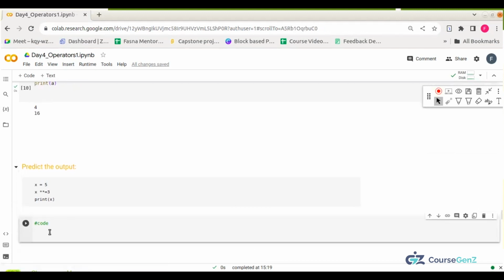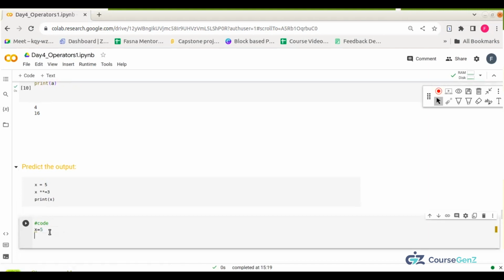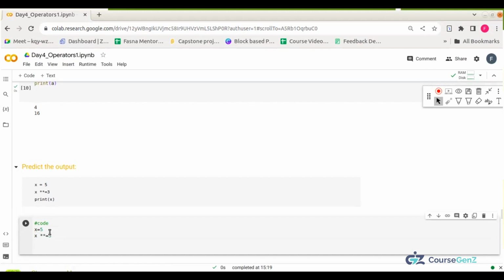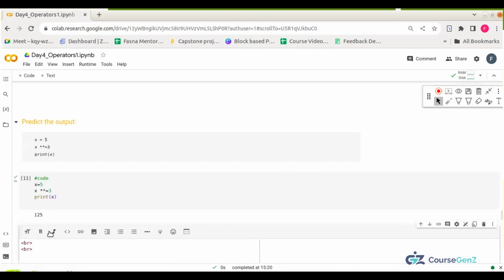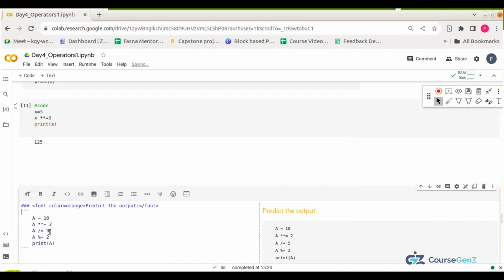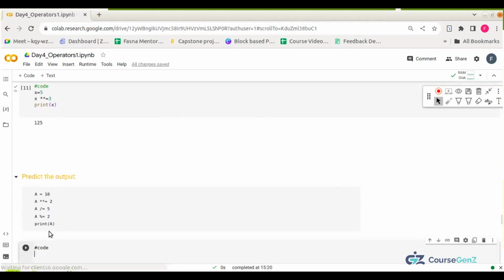X equal to 5. X star star equal to 3. Then let's try printing X. Initially it was 5. Now it will be 125, which is 5 raised to the power 3. Is it clear? Okay. Then we have to predict here also.